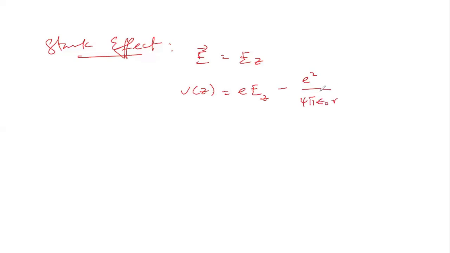Then the Hamiltonian will be the kinetic energy plus this relationship. So that gives us h-bar squared over 2m nabla squared minus e squared over 4 pi epsilon naught r plus e E z, where e is the electronic charge.